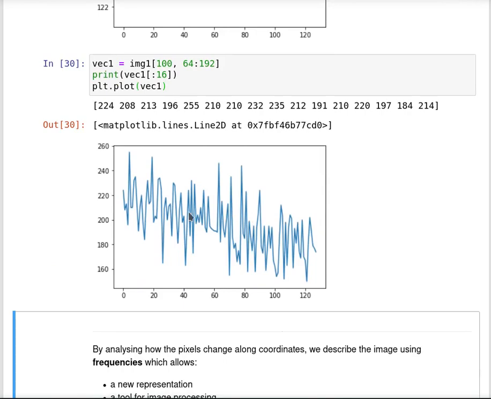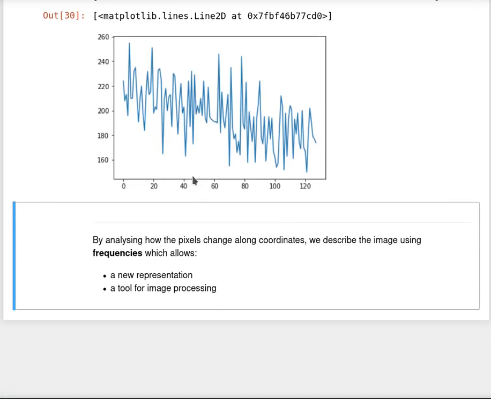And in the third one we have a very abrupt transition between pixels locally. So by analyzing how the pixels change along coordinates, we can describe the image using frequencies. This gives us a new representation of the image, but it is also a tool for image processing, as we are going to see in the next video.